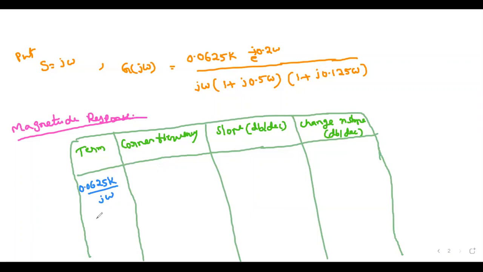Next, 1 by 1 plus j 0.5 omega. Next, 1 by 1 plus j 0.125 omega. Very good. 3 terms only.